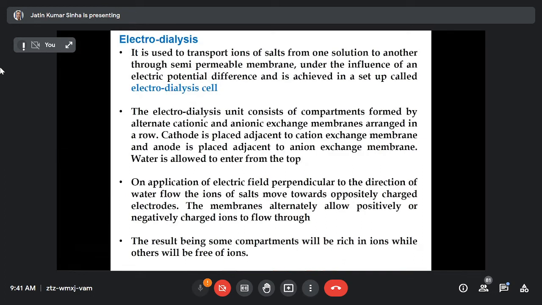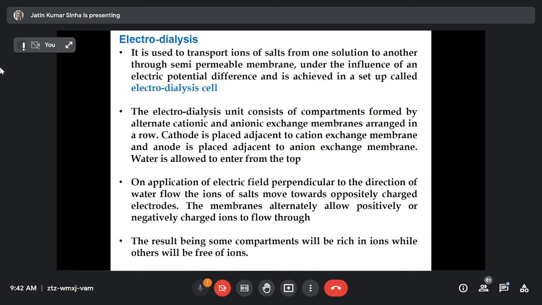When you apply the potential, the negatively charged ions will go to the positive electrode, and the positively charged ions will go to the negatively charged electrode. But during that process, they have to pass through this semi-permeable membrane, which only allows certain ions. The rest of the ions will be filtered out.